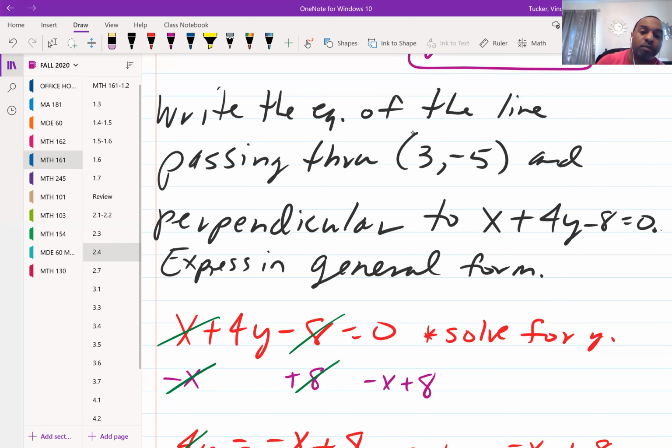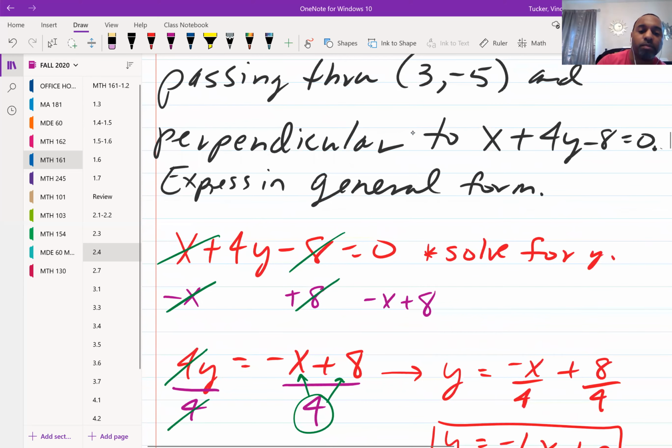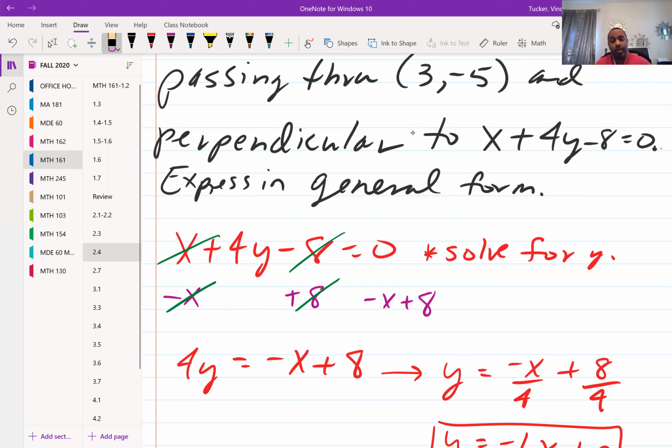So I subtract the x from both sides and add 8. So that'll give me 4y equal to -x plus 8. Subtract x from both sides, add 8 to both sides. So they cancel on the left, leaving me just 4y on the left, and -x plus 8 on the right. I still want to solve for y, so I'll go ahead and divide both sides by 4.